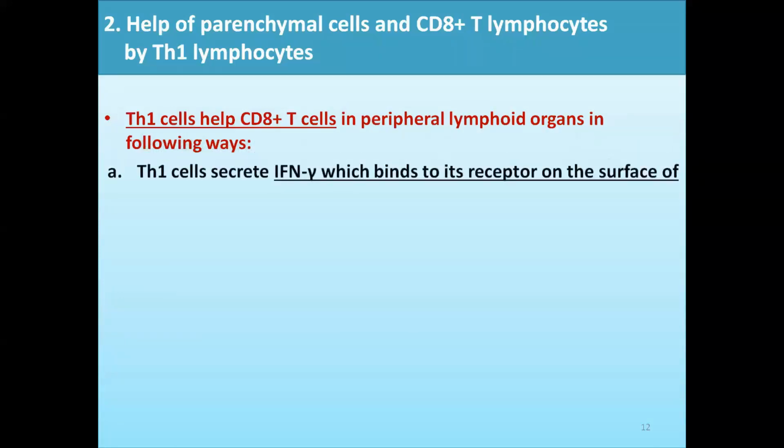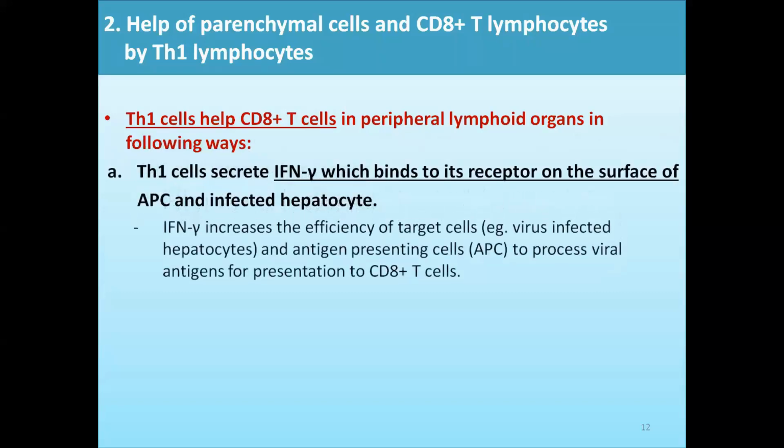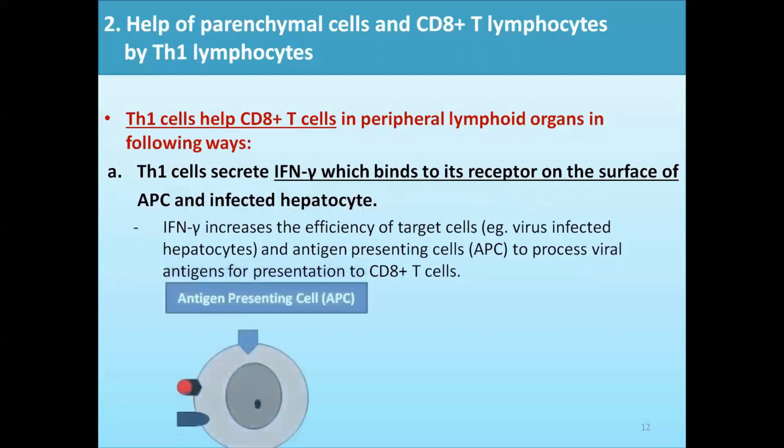Th1 cells secrete gamma interferon, which binds to its receptor on the surface of antigen presenting cell and infected hepatocyte. Gamma interferon increases the efficiency of target cells like virus-infected hepatocytes and antigen-presenting cells to process viral antigens for presentation to CD8 positive T lymphocytes.